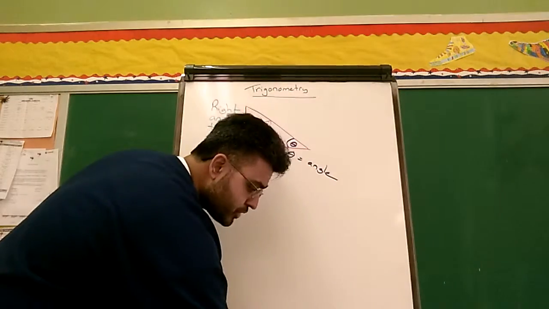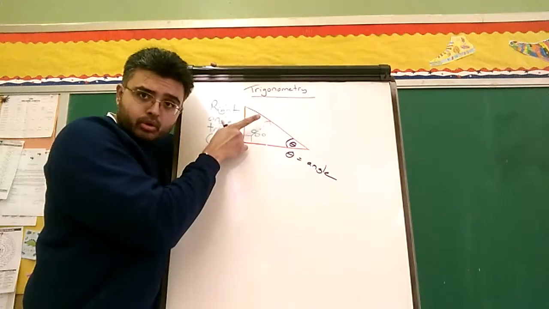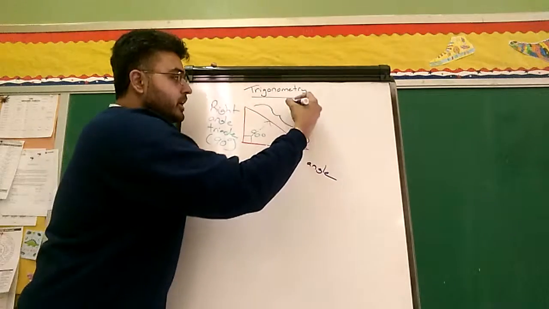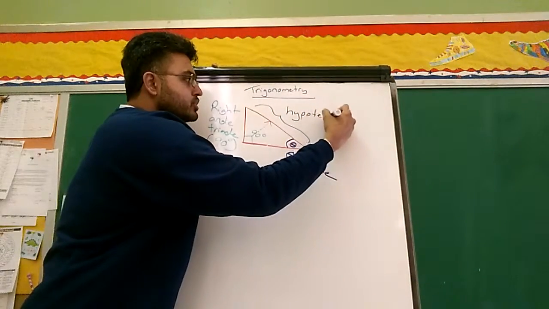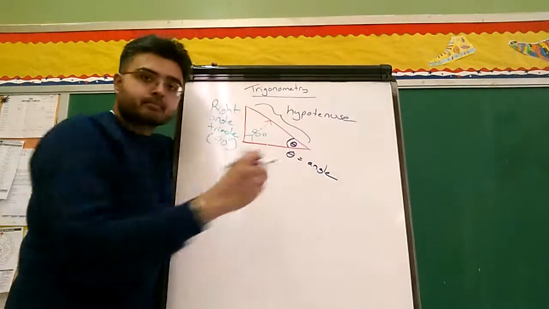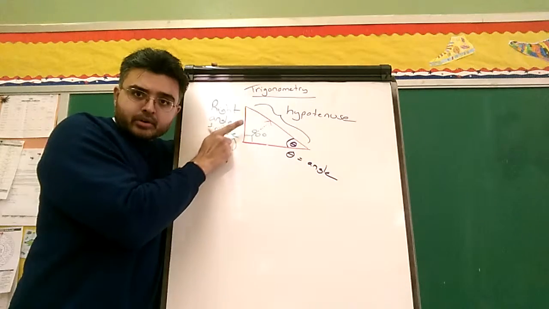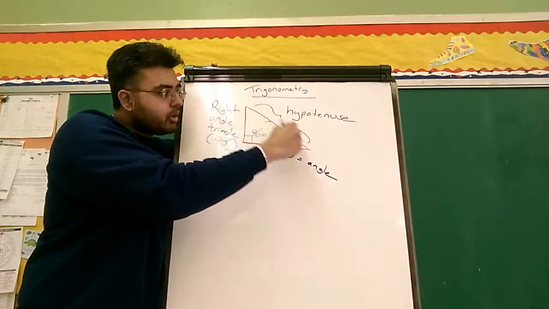And whenever you start from the 90-degree angle and go to the opposite side, this side of the triangle will be called hypotenuse. 90-degree angle, draw an arrow, go all the way to the other side of the triangle, and this side will be called hypotenuse.